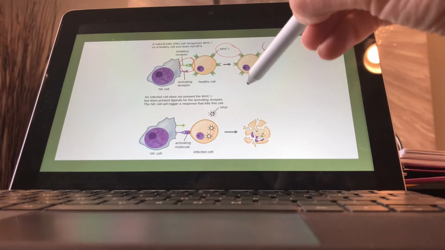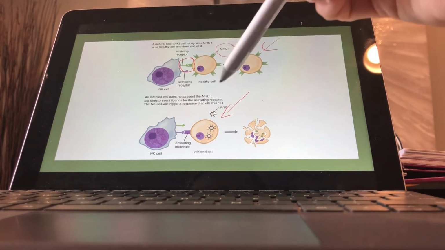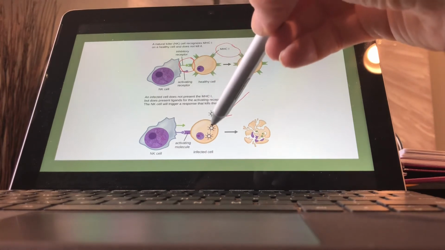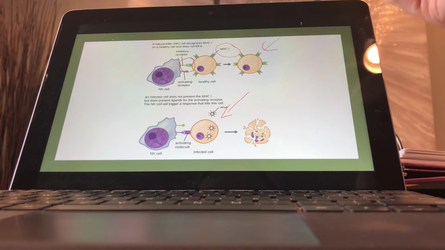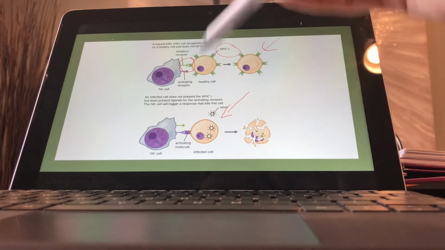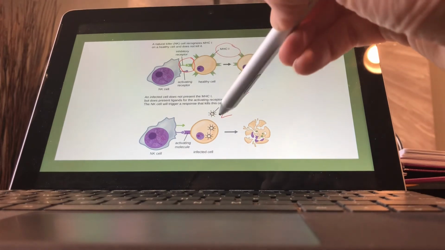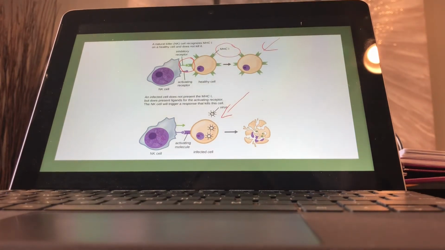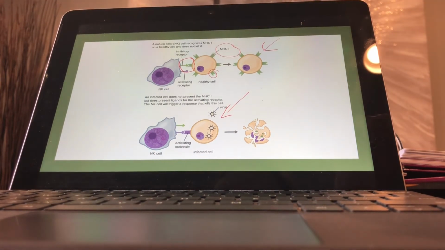Now, if you take a look down here, remember when we talked about viruses? Viruses are found inside of cells, and what happens is they use the cell's machinery to create more viruses. Now, when that's actually happening, notice what's missing from the infected cell versus the healthy cell. Hopefully you see that these MHC markers are gone.